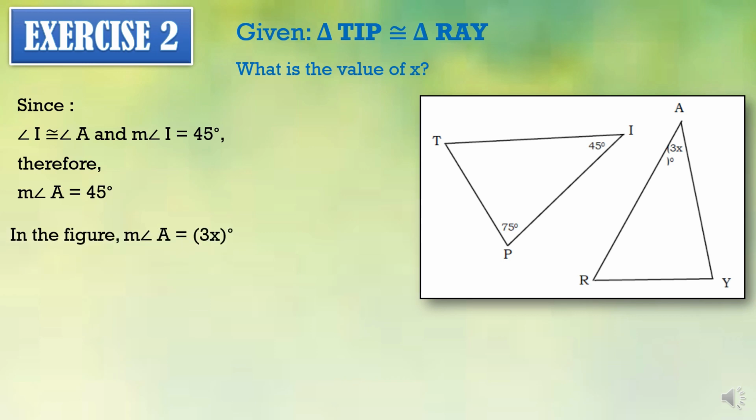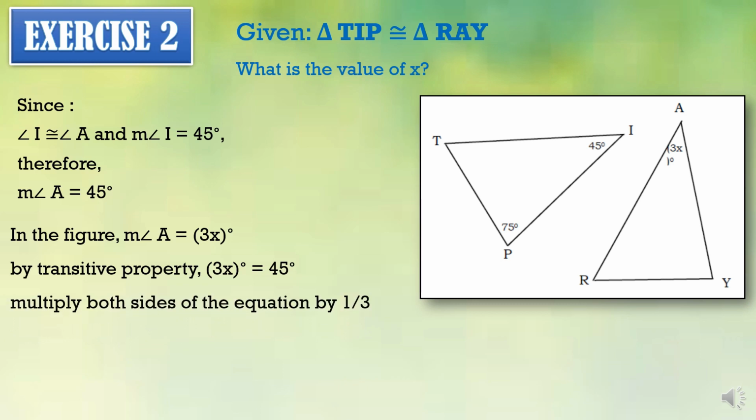In the figure, the measure of angle A equals 3x degrees. By the transitive property, 3x degrees is equal to 45 degrees. Multiply both sides of the equation by 1/3. We get x equals 15.